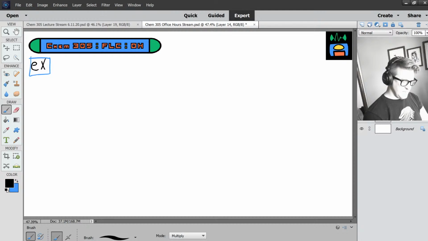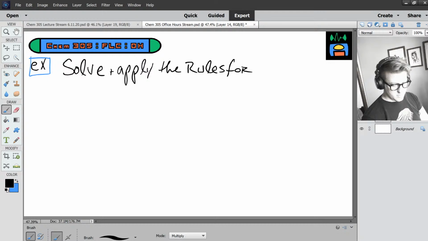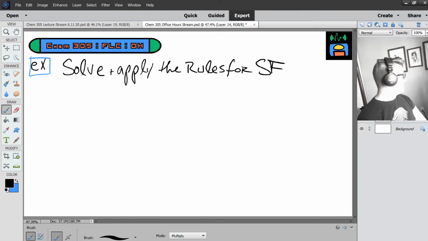So here's an example like 16 that says basically solve and apply the rules for sig figs. All right, and so I'm not gonna do the exact numbers, but I'm just gonna change the numbers.